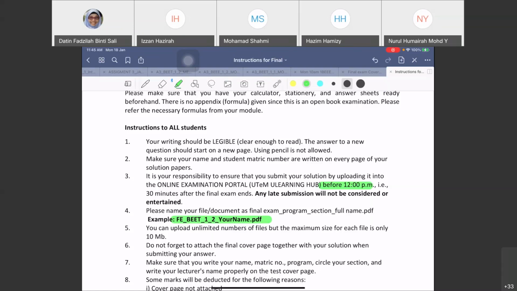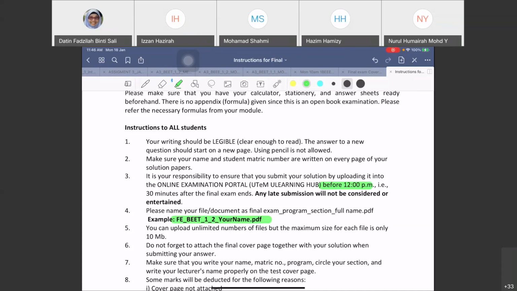Still got the file name like assignment 3, even though we say that you put A3 underscore BEEE underscore 1 or 2, depending on your section, underscore name. But people still use assignment 3 only. At least if there's a name, then it's easy for me to see. But if it's assignment 3, then I have to open it up and see who these people are.